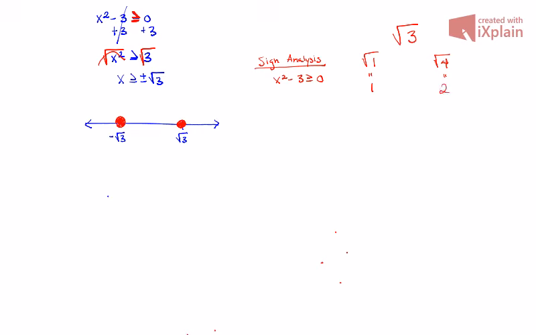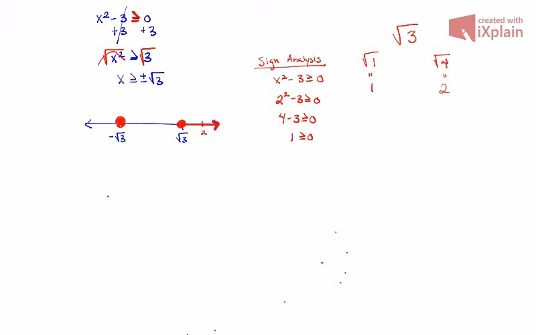So maybe what would be a good idea then would be to say, in the case of root 3, I'm going to pick 2. I know that 2 is to the right, so 2 is somewhere in here. So it would be a safe place to check. If I put 2 in for x, it's going to give me 4 minus 3 is greater than 0, or 1 is greater than 0. And that's true, so that side will give me a true statement.